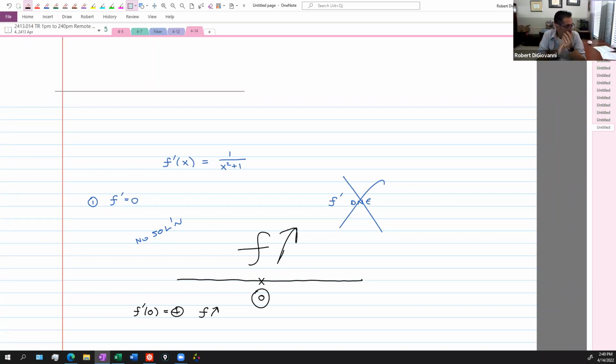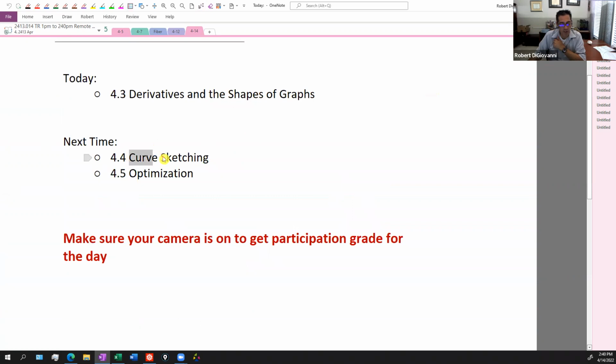Right? And then there was one more thing I wanted to say. We have to make a decision in terms of what to do. The next section we're supposed to do is basically called graphing. It's curve sketching, which is basically putting everything you've ever learned together, like college algebra, x-intercepts, y-intercepts, asymptotes, everything you've ever learned along here with the derivative, with increase, decrease, and concavity, put it all together to graph functions by hand.